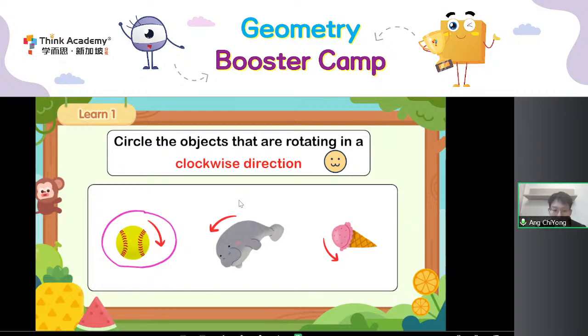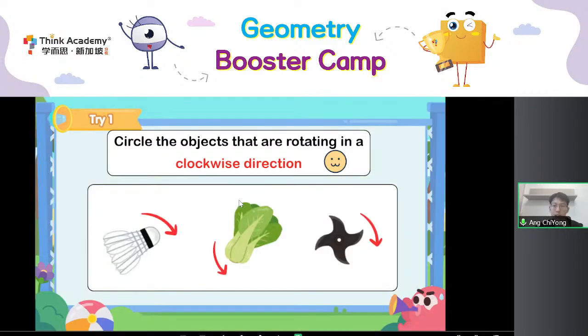Alright, now, next part here. I want you guys to try yourself. In 1 minute, I will say the answer. Okay? You can tell me which ones are the objects that are rotating in the clockwise direction. Okay, remember we're looking for clockwise.